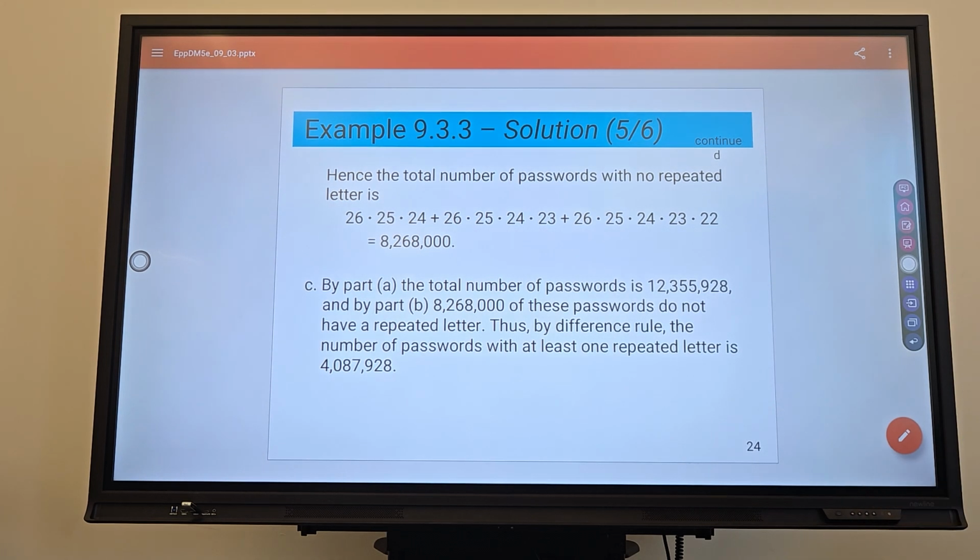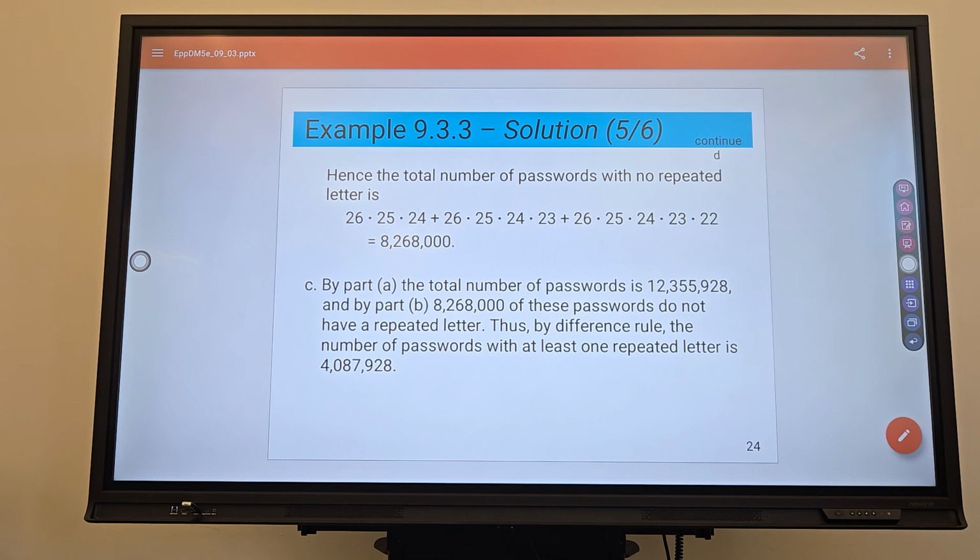So the total number of passwords with no repeated letter is all this multiplication and addition, which leads you to 8.2 million passwords.